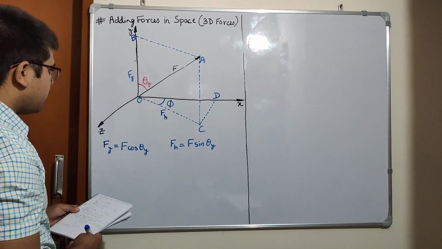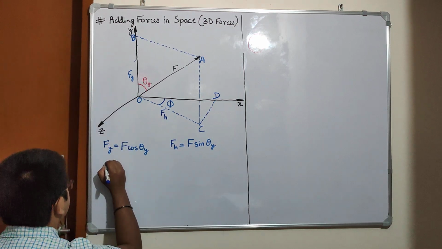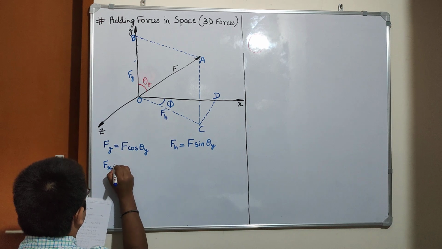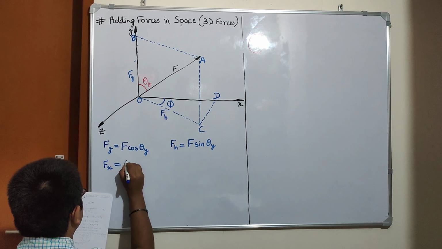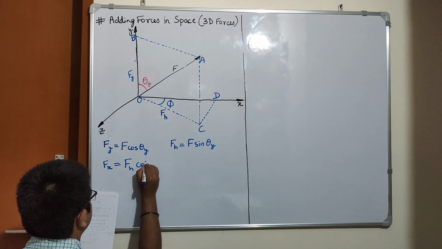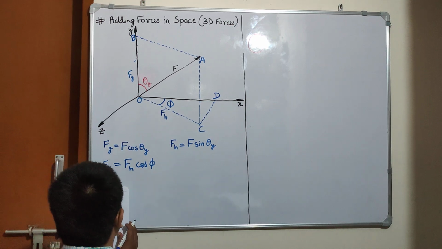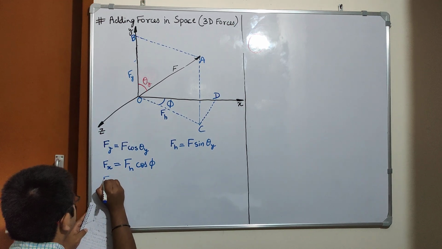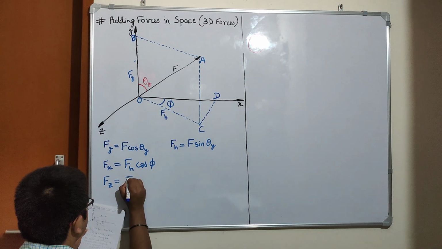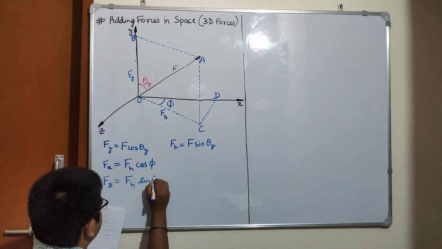So Fx would be Fh cos phi and Fz would be Fh sin phi.